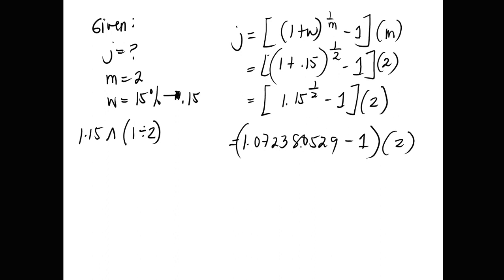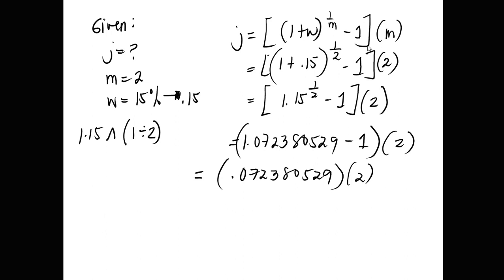So, dito, sa step na ito, ang sinolve lang natin ay yung exponent. Okay. Next step is we will subtract. Yung may operation muna bago natin sila i-multiply sa 2. So, 1 point, and then minus 1, of course, maaalis lang yung whole number na 1. So, we have 0.072380529. And then, after that, multiply it to our m, which is 2.